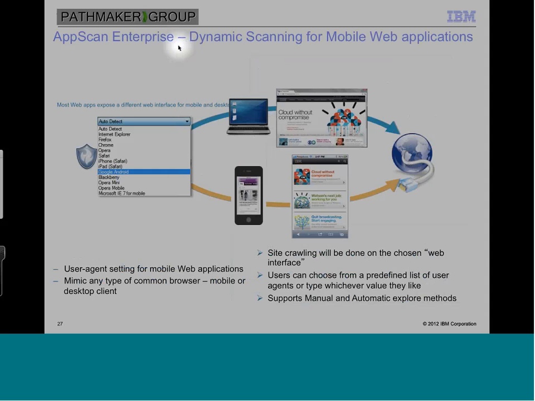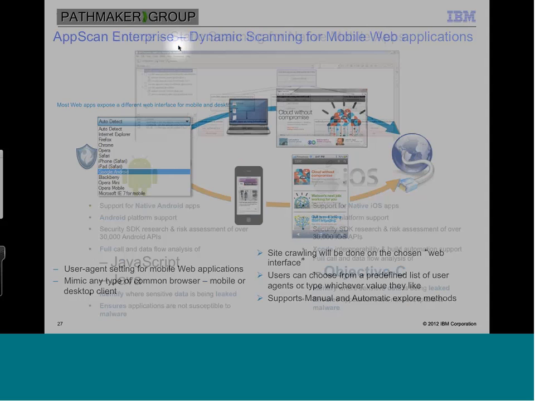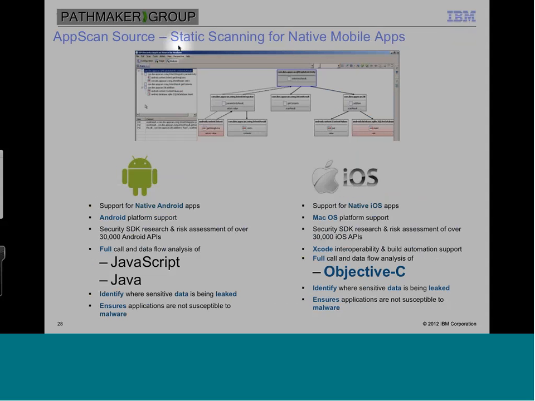So instead of being your typical, let's say, Internet Explorer on a PC, the header is going to be modified to mimic, let's say, an iPhone, so that when the web application server receives that request, it actually thinks it's talking to an iPhone device, and same with all the other mobile devices.